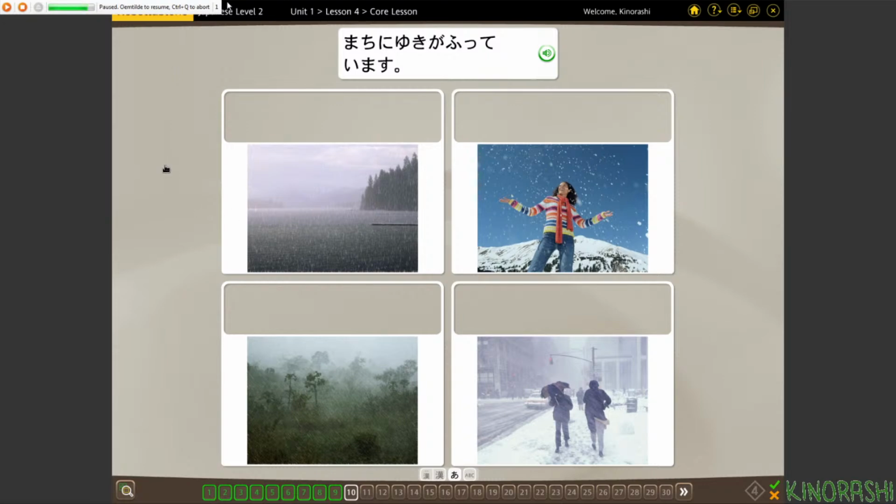Oh, Fuyu. That's what it was. Fuyu. And this is Yuki for snow. But Fuyu is winter. And then Futte, I assume, is falling.